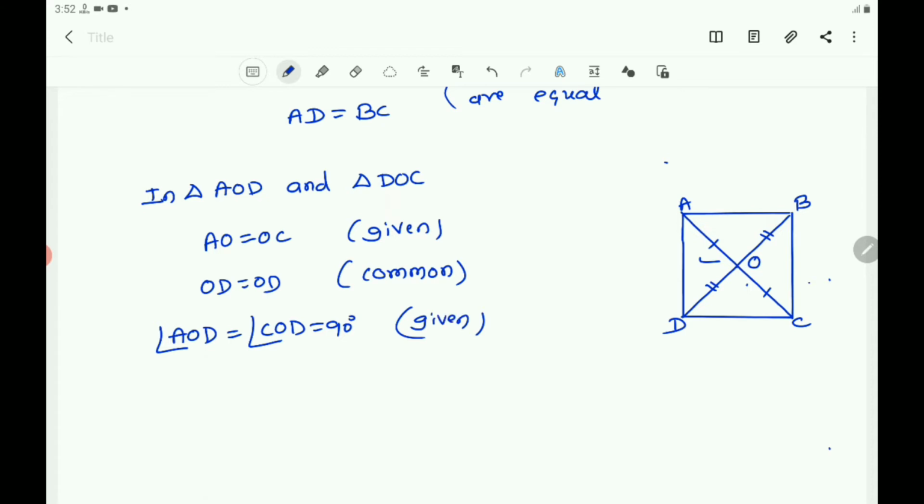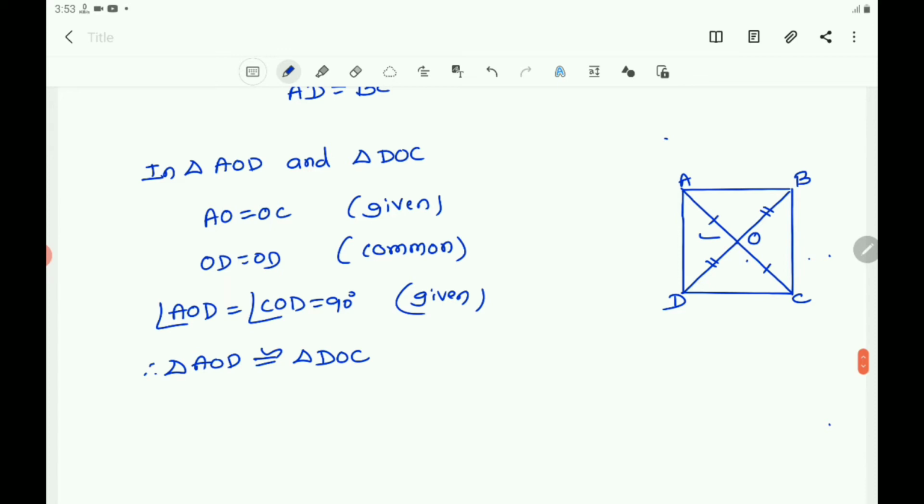Therefore, triangle AOD is congruent to triangle DOC. Which congruence rule is used? Side angle side. So write SAS congruence rule. According to SAS congruence rule, these two triangles are congruent.